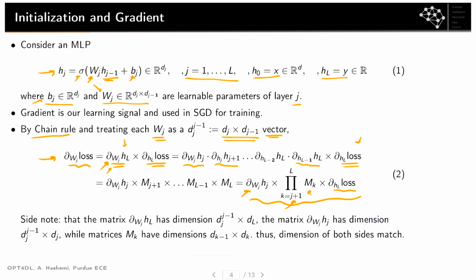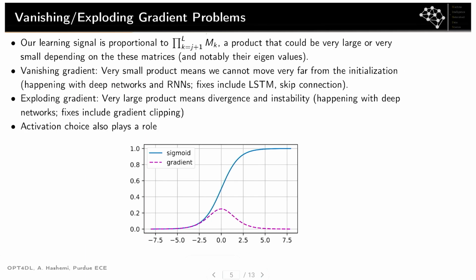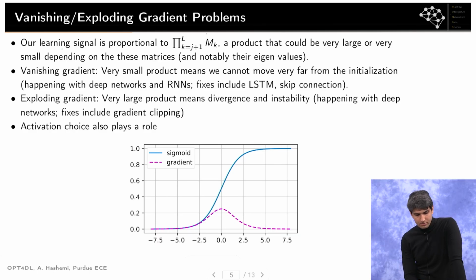Now, this is like a product of a bunch of matrices. It could be a very large quantity, or it could be a very small quantity, and that depends on basically the eigenvalues of these matrices. So our outcome therefore is that our learning signal is proportional to this product, and as I mentioned, it could be a very large matrix or very small matrix, right?